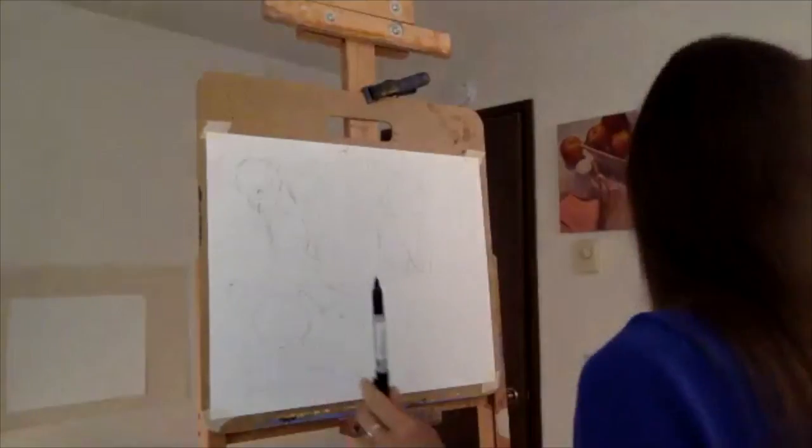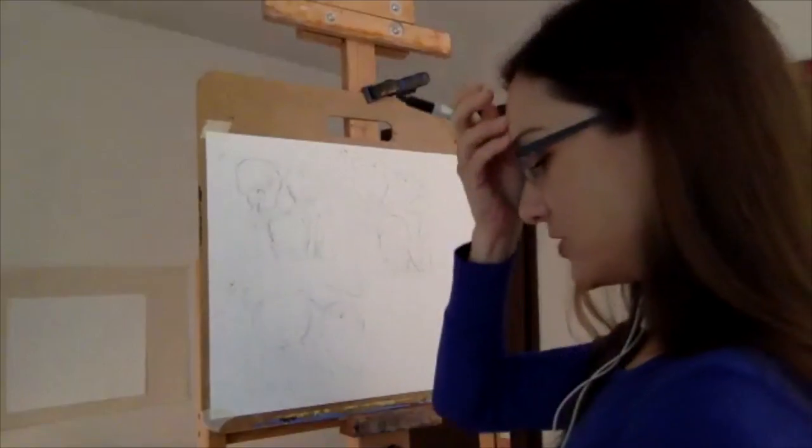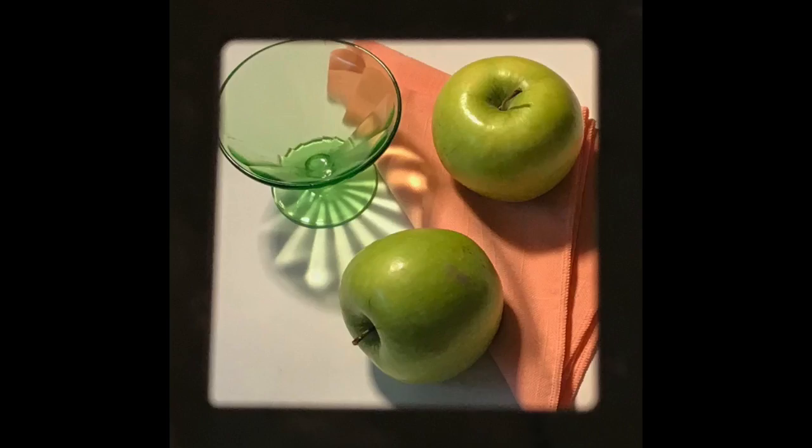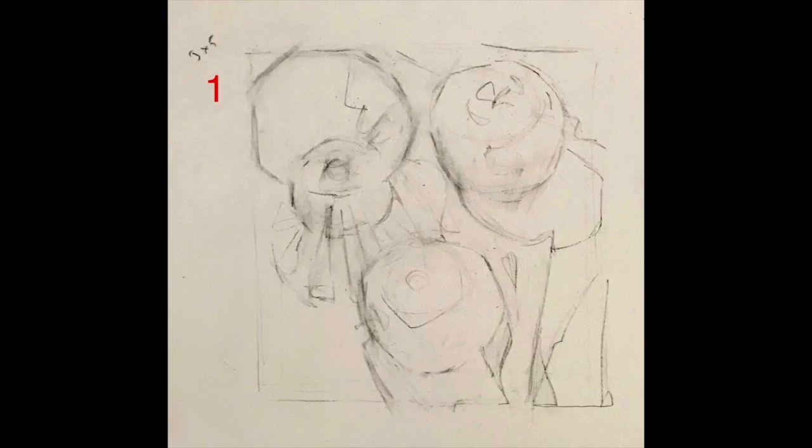Go figure. So what do I want to do first? I want to, like we just spent some time discussing, go in and look for the big, dark masses. I have some rough outlines here, but what I want to start to do is squint and look for my darkest darks. Now, certainly around the rim of this glass and into its cast shadow, I have some darks and some interesting darks here.